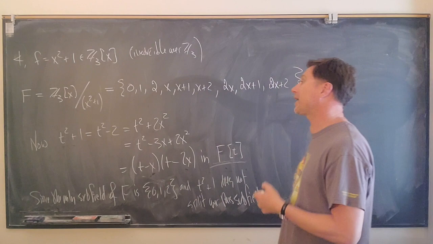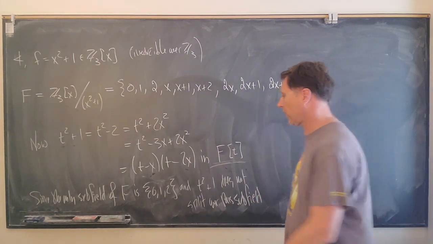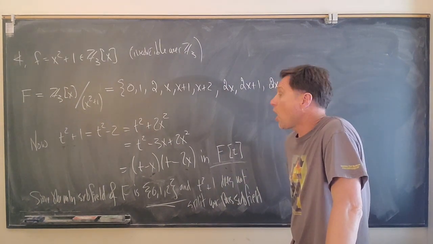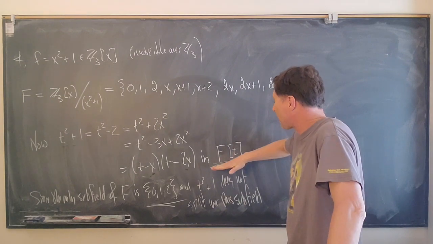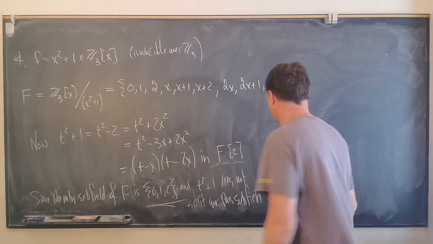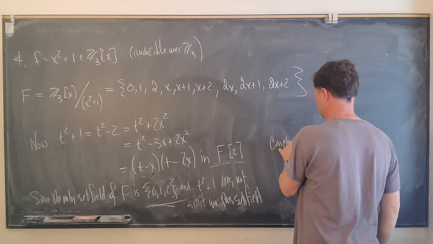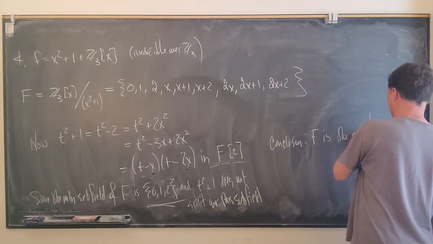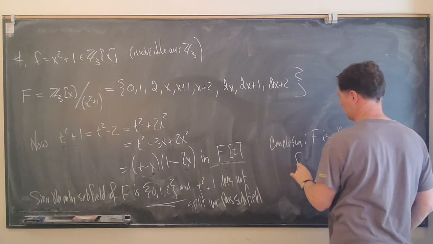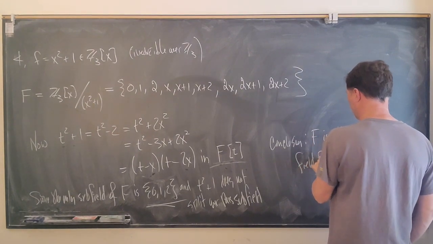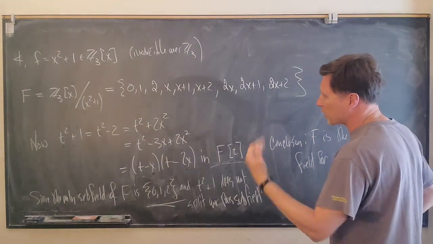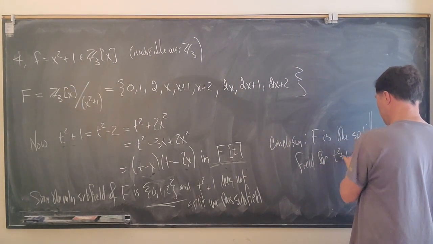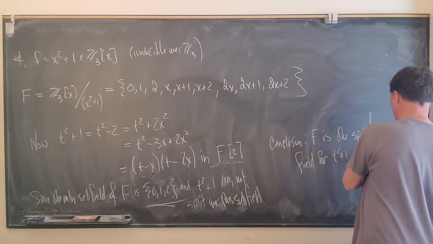The smallest extension of Z3, you can view this as Z3 sitting inside, over which this polynomial splits is F itself. So the conclusion is that F is the splitting field for, now that I've changed variables, t squared plus 1 over Z3.